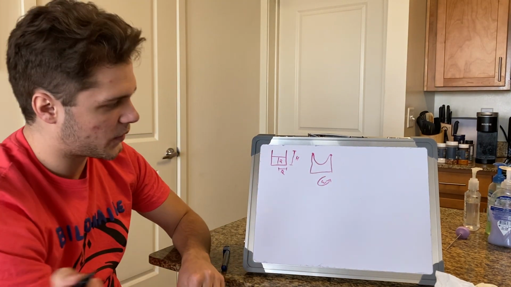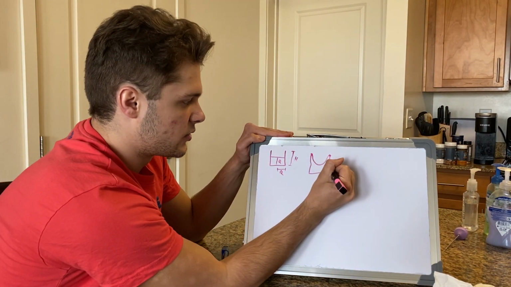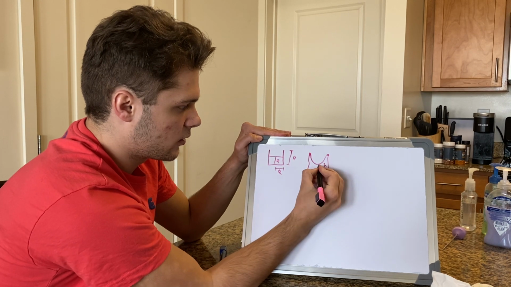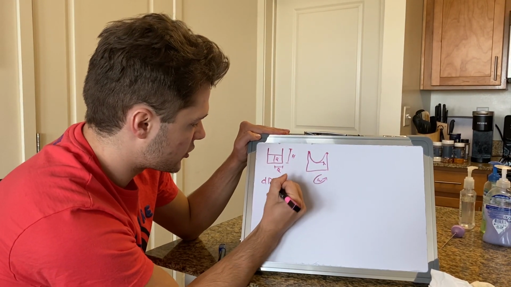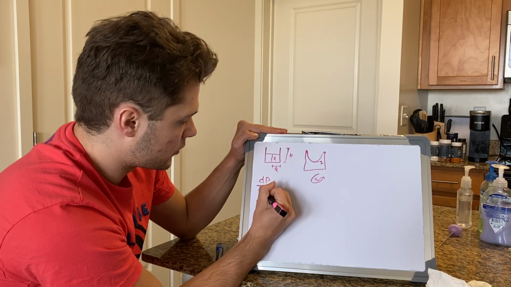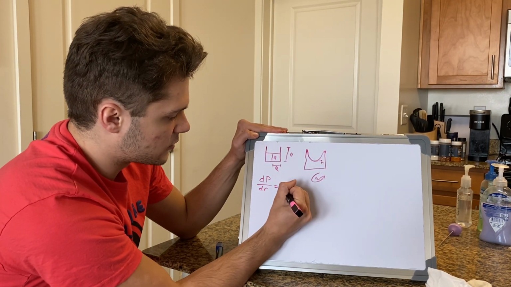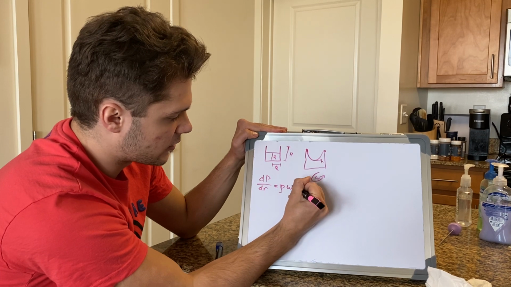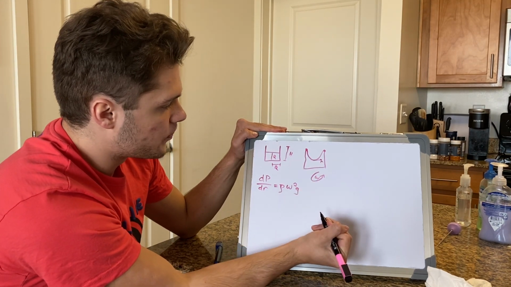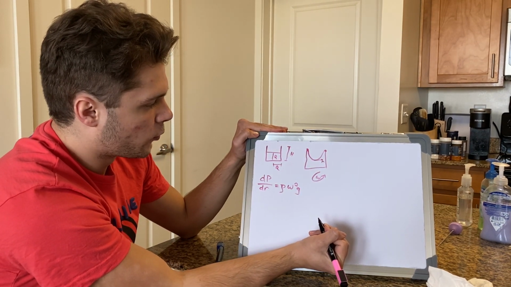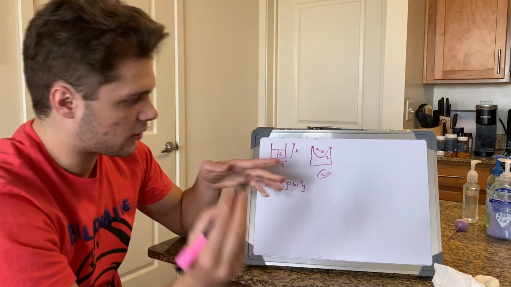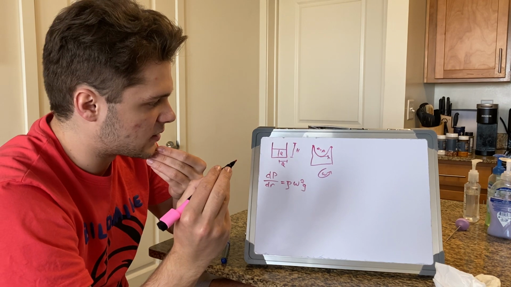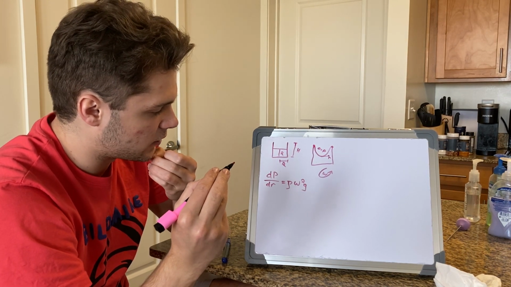So to begin, we're going to take some position r here and use our basic equation of statics. Change in pressure over our change of position is going to be equal to our density times our acceleration. And we are going to be assuming that our pressure is 0 out there in the surrounding.